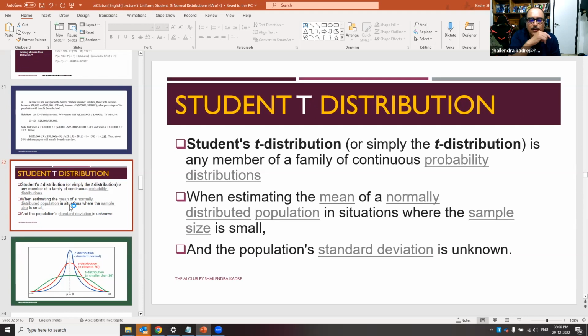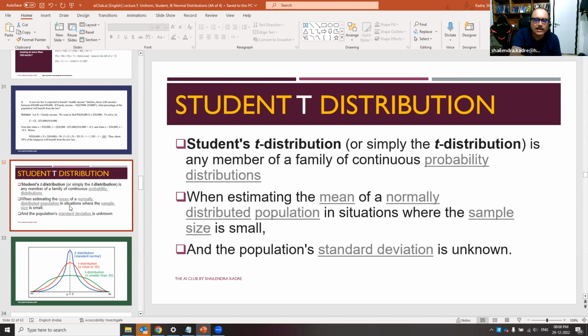I explained in one of the classes that if the number of samples n, suppose age is a variable and you have 30 children whose age you are measuring, is 30 or more, then only you will go for normal distribution.